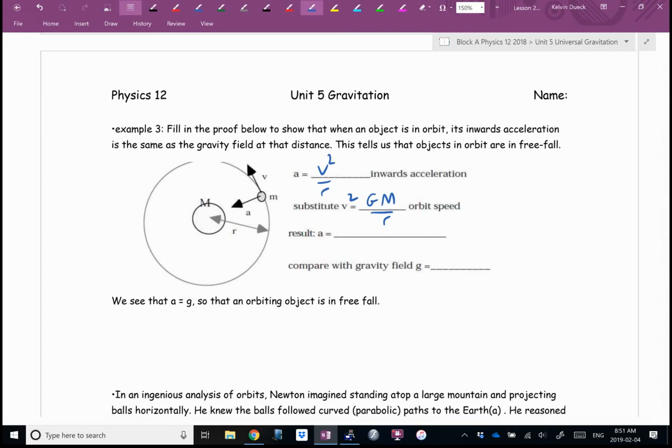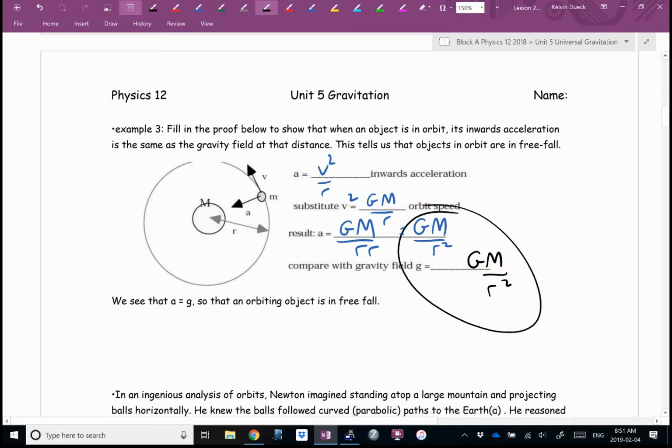A equals big G, big M over R, and there was already an R down there from the V squared over R. But what's a better way to write R times R? Okay, I end up with big G, big M over R squared. Compare that to gravitational field strength, and you'll realize they're the same, that little a equals little g, universal g. And so what that means is all orbiting objects are in free fall.